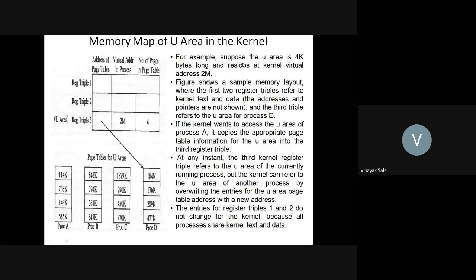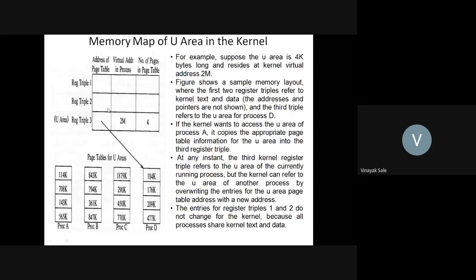So in this example, suppose the user area is 4 KB long and resides in kernel virtual address 2M. This figure shows a sample memory layout where the first two register triples refer to kernel text and data, and the third register triple is the user area, which refers to the user area for process D.